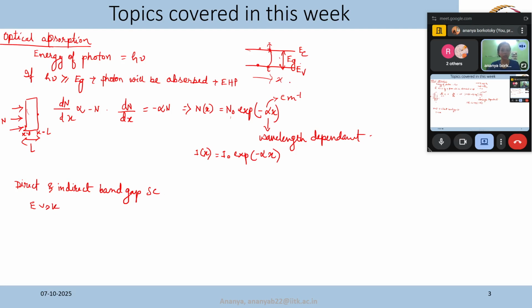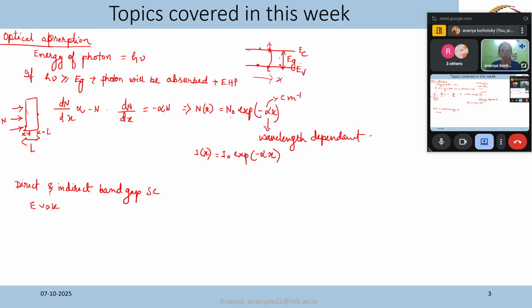This is the inverse of x, like the Fourier transform of x. I think you all are from an electronics background, so you know what a Fourier transform is. It is the inverse of the physical dimension, so it has a unit of centimeter inverse, whatever the unit of length you take.